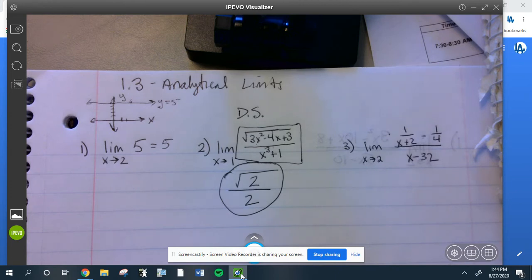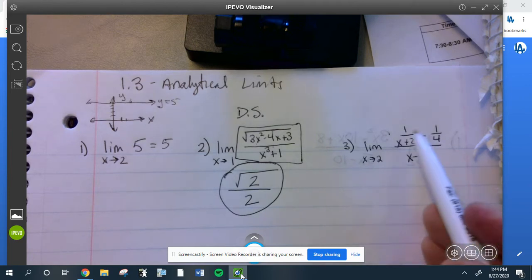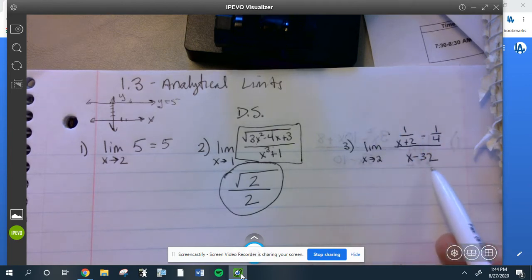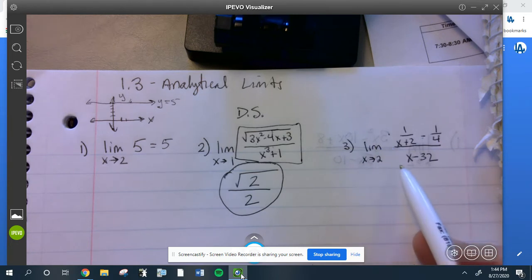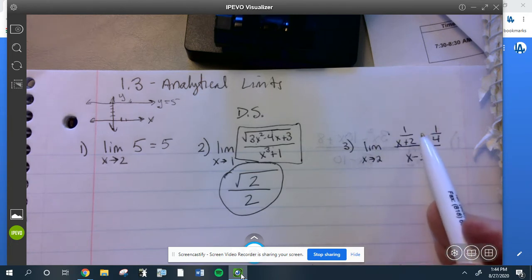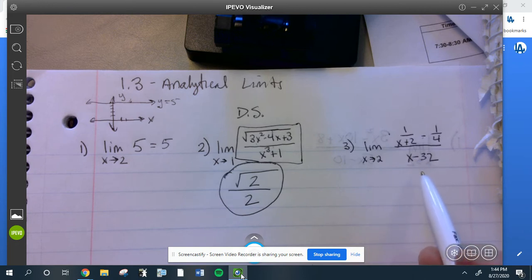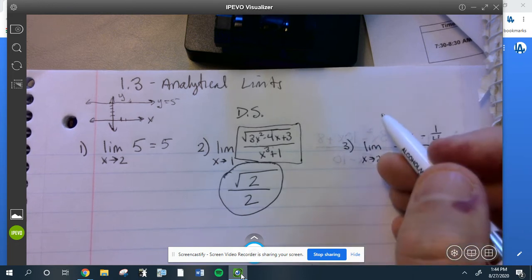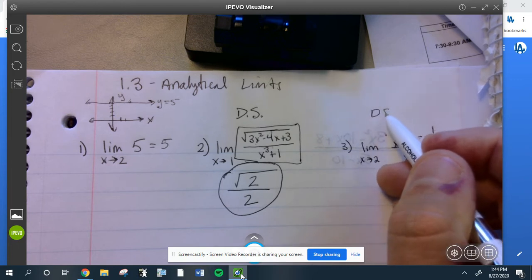The next one. The limit as x approaches 2 of this complex fraction. Remember, it's a complex fraction if it has fractions in either the numerator or the denominator. So the first thing we're going to do, as always, is direct substitution.